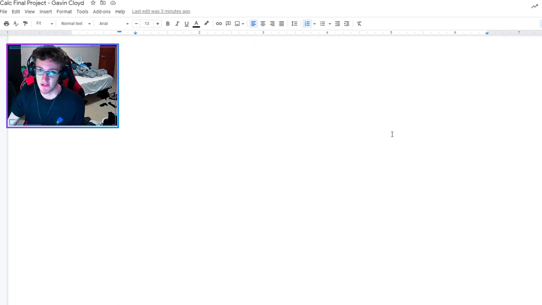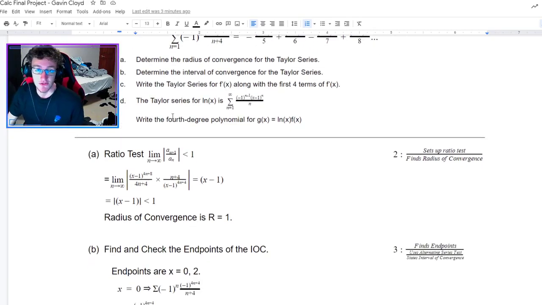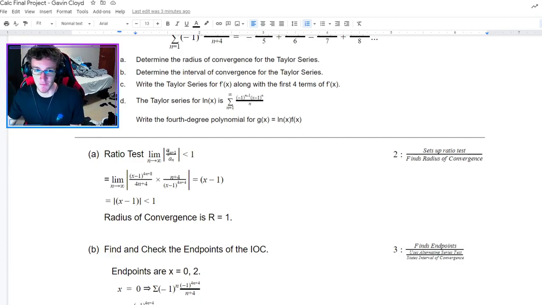So let's get right into the rubric. Here's just a little summary of the question. When you look at the radius of convergence for the Taylor series, the ratio test should pop into your head: radius of convergence, ratio test. They both start with R, so that's what really helps me remember. And then here's the ratio test.